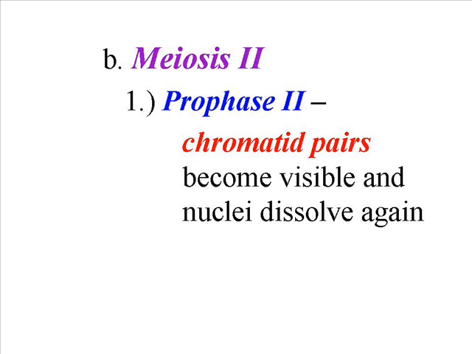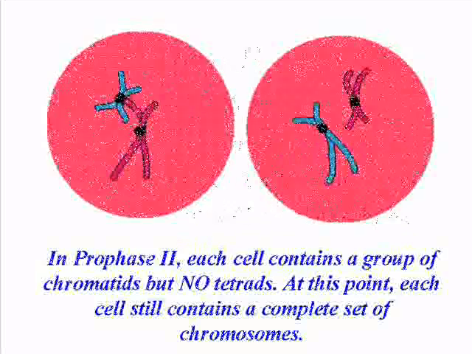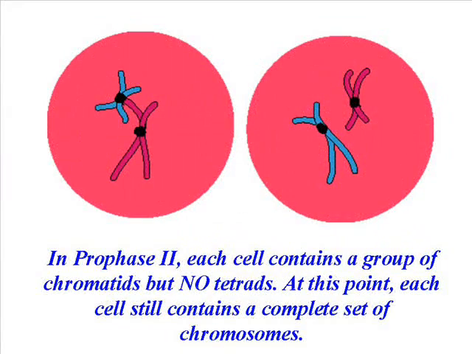Now we're going to begin meiosis 2. It again starts with prophase 2. And when prophase 2 begins, remember now, this is going to occur in 2 different cells simultaneously. And so as prophase 2 begins, chromatid pairs will be released from the nuclei. And so as each cell enters prophase 2, what will be visible will be chromatid pairs.